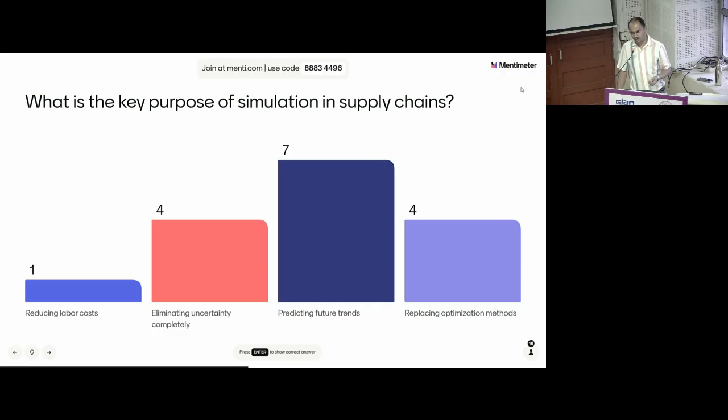Suppose you are running a restaurant, what are the two kinds of inputs? People and process. Okay. Labor. Okay, yesterday I showed you one diagram: system, controllable inputs, and then uncertain parameters.